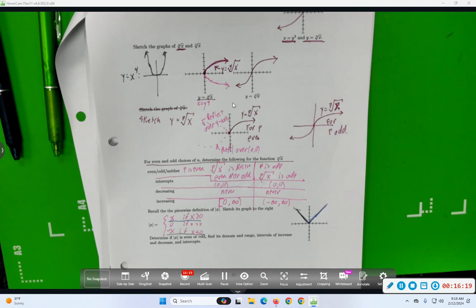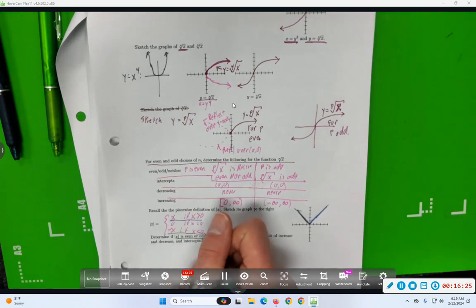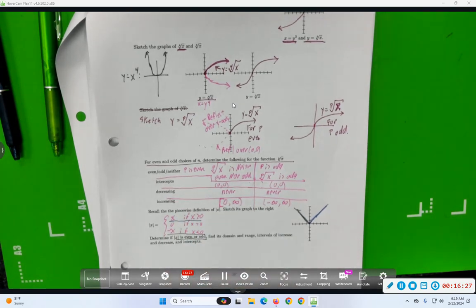So let's look at this graph now and answer some questions. Even or odd? Or neither? It's reflected, so it's even. Yeah, it looks like it is its own reflection over the y-axis, so it should be even. Alternately, even means that it just doesn't care if you stick a negative in as an input.